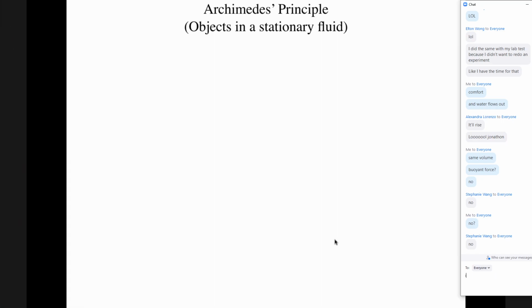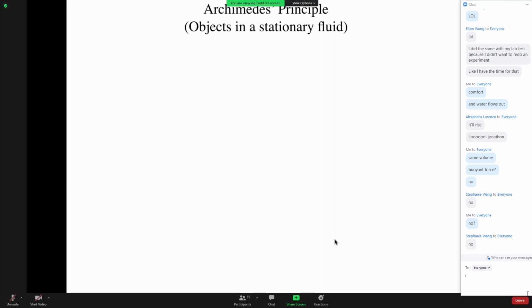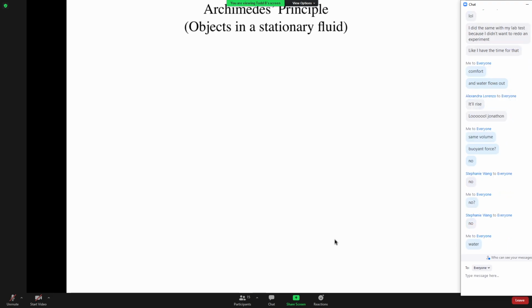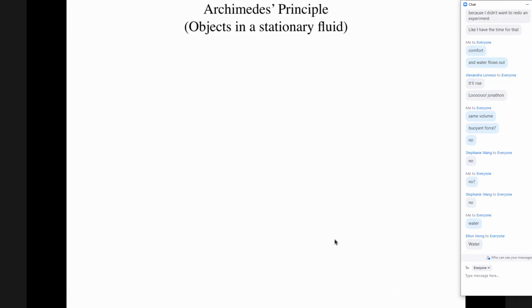So the buoyant force then is going to depend on what you do to it. The more you go into it, the more volume you put into it, the more you're going to displace, and the greater the buoyant force that's going to push back on you. Is it easier to displace mercury or water? Easier to displace water. So therefore, is it safe to say the density of the medium should also come into play with the buoyant force?